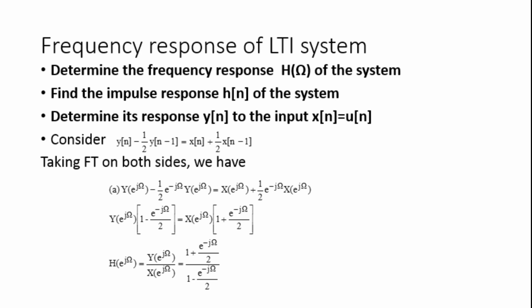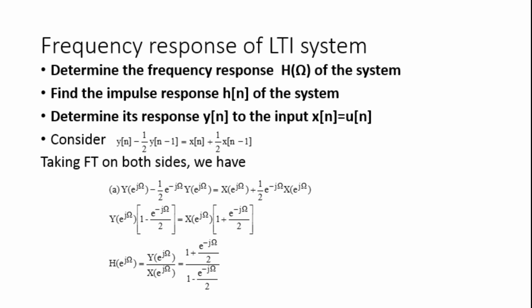Taking Y of e power j omega common, we get Y of e power j omega into 1 minus e power minus j omega divided by 2 is equal to X of e power j omega into 1 plus e power minus j omega divided by 2.